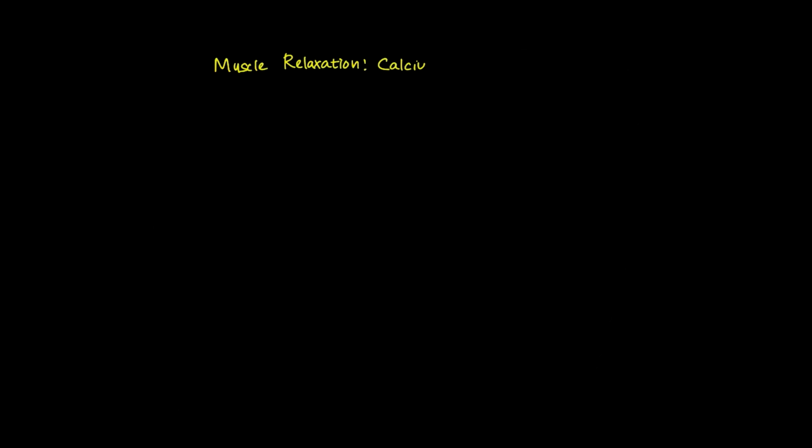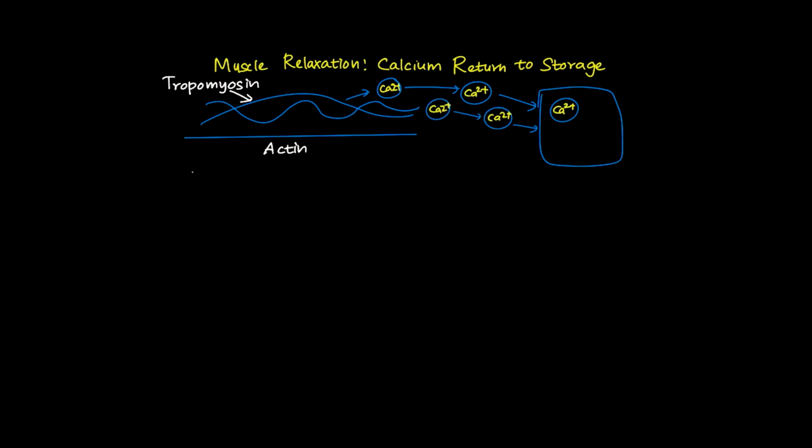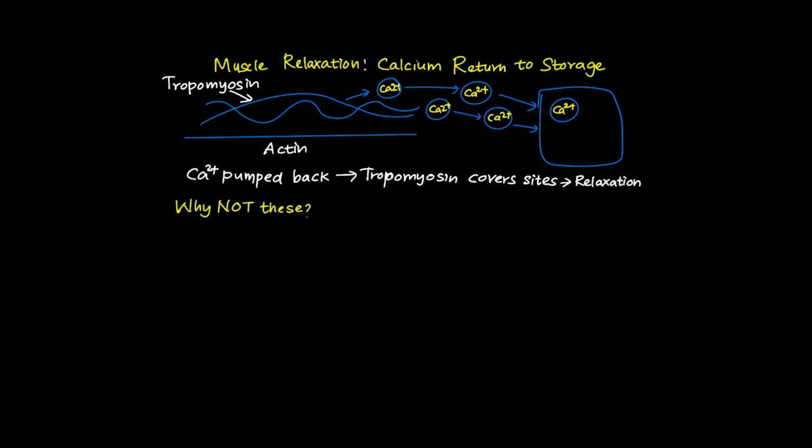Relaxation is the reverse of contraction, and it starts when calcium gets pumped back into the sarcoplasmic reticulum. Once calcium is removed from the cytoplasm, troponin returns to its original shape, tropomyosin slides back over the myosin binding sites on actin, and cross-bridge cycling stops. The muscle relaxes. Acetylcholine release at the neuromuscular junction is what starts a contraction.